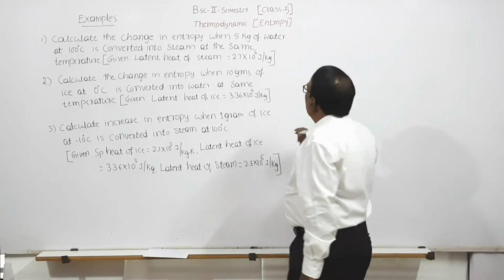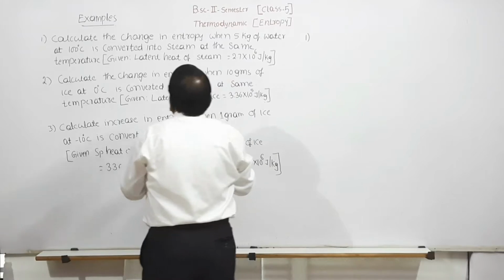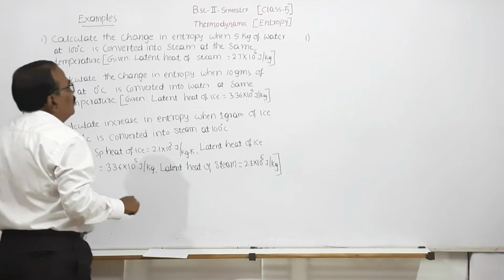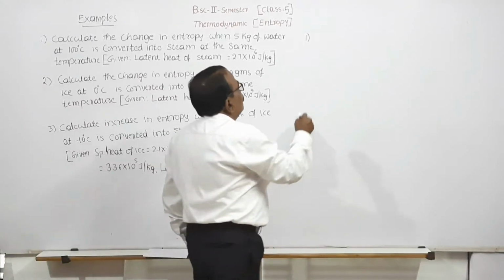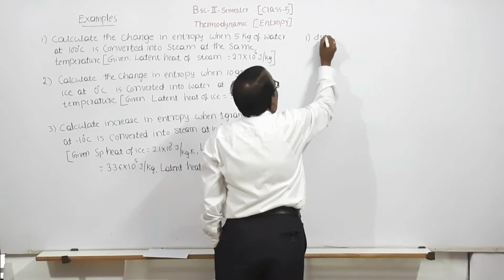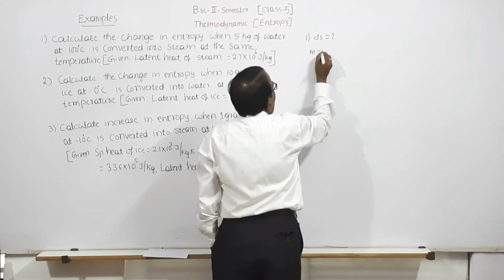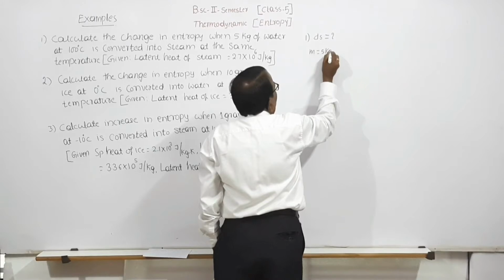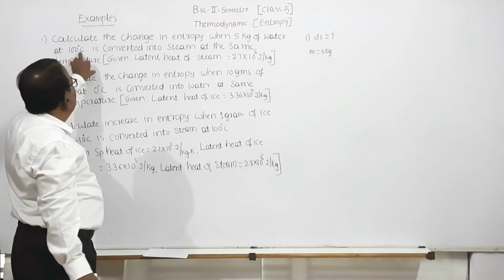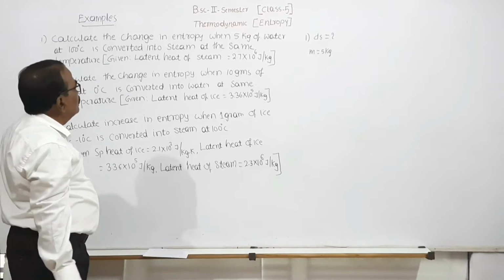Our first example is: calculate the change in entropy, dS, when 5 kg of water at 100 degrees centigrade is converted into steam at the same temperature.